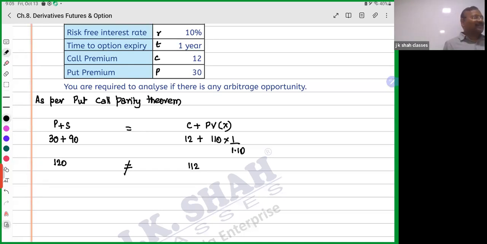Now, in this case you're dealing with two portfolios. P plus S is one portfolio and C plus PV of X is another portfolio. They are supposed to be equal, but they are not. So which portfolio are you going to buy and which are you going to sell? You're going to buy one portfolio and sell the other. Okay?